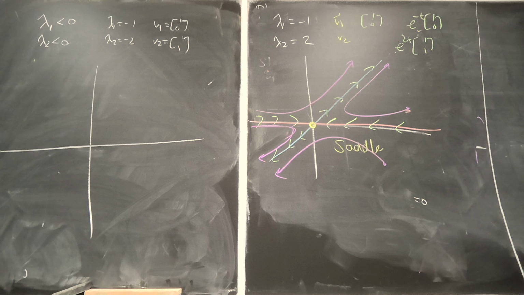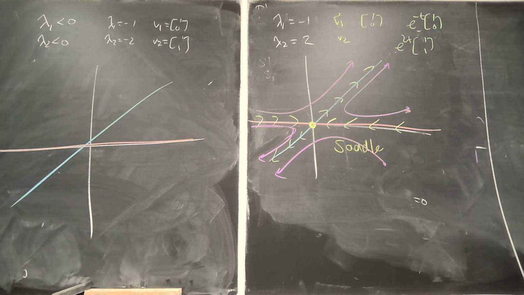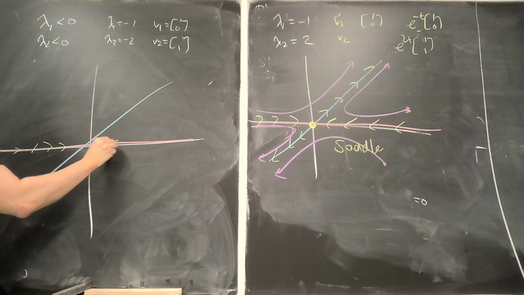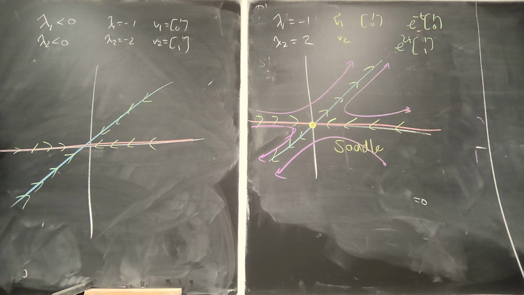And you do the same exact picture again. In this case, everything is being pulled in. And you've got what's called a stable equilibrium. Here, no matter where you start, you're going to the origin.